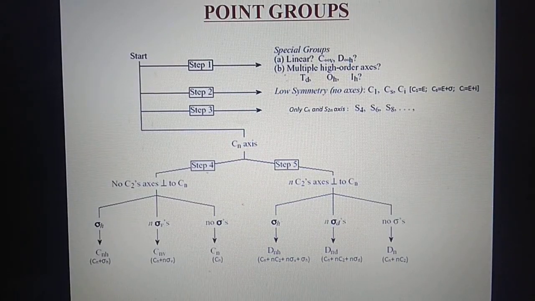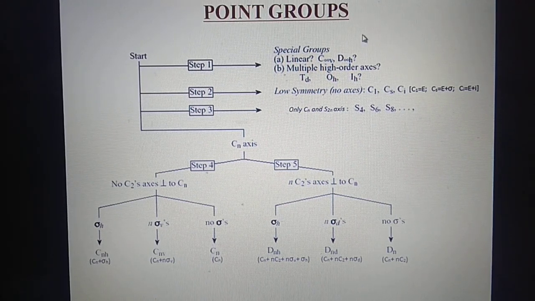Next, we will follow this flowchart to determine the point groups of different molecules. There are 5 steps in this flowchart. Very first, if we have to determine the point group of any molecule, we will see whether the molecule is linear or non-linear. If the molecule is linear, we will follow step 1. Next, we will see whether the i symmetry operation, i meaning inversion, is present or not.